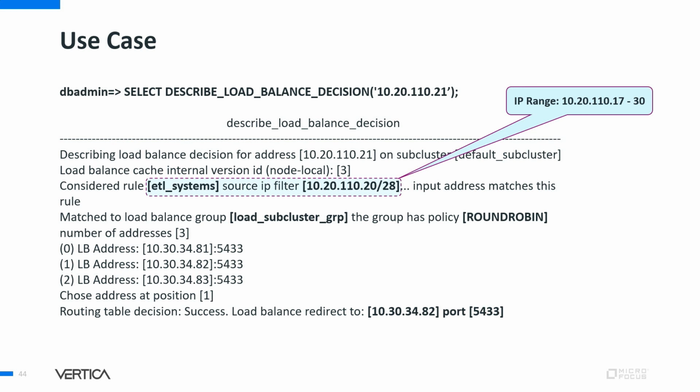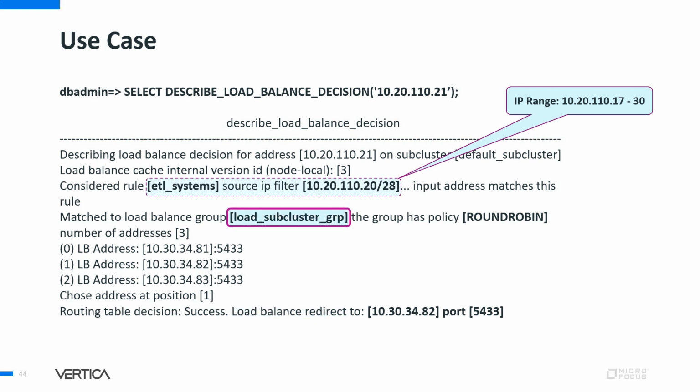In this scenario, it matches the IP range which we set for this routing rule. 10.20.110.21 comes under the range 17 to 30. So the input address matches this rule, and all these jobs will be routed to the load subcluster group. So all these ETL jobs will be executed on the default subcluster.